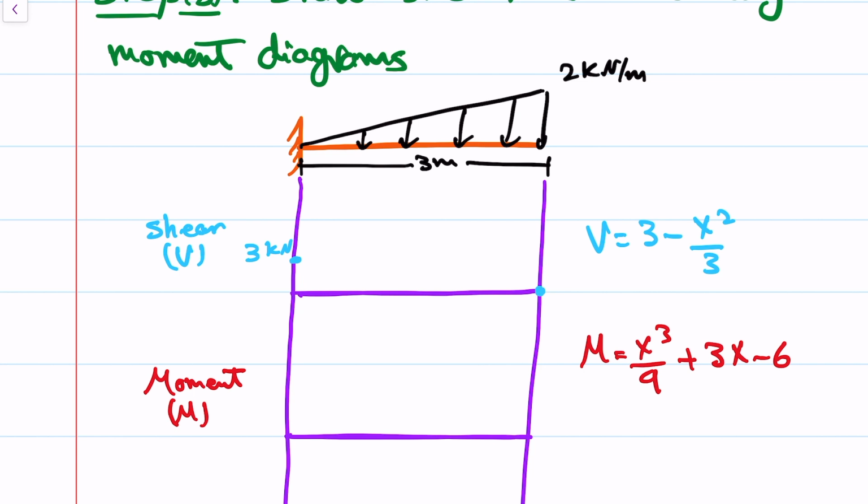And you will connect these 2 points with a parabolic shape, x squared, okay, x squared. And actually the maximum point for this will be the 3 kilonewton. So you will do something like this. And this is not a straight line, it is a parabolic.